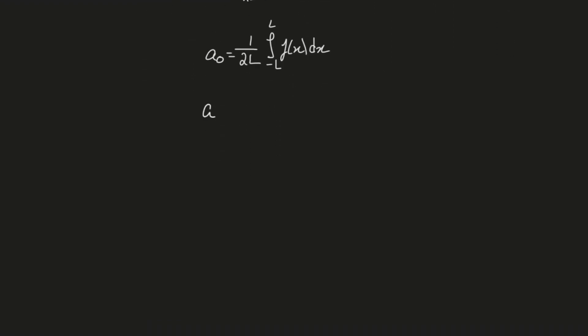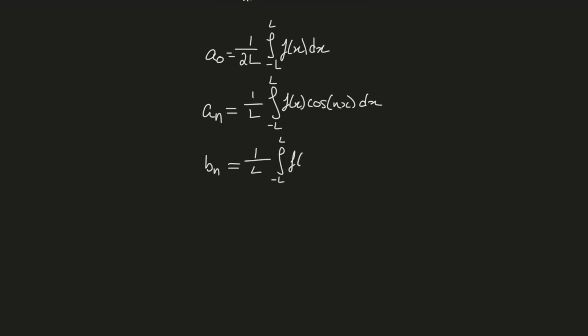Now the a sub n's, they would be 1 by L times the integral from negative L to L of f of x times the cosine of nx dx, and similarly the b sub n's would be 1 by L times the integral from negative L to L of f of x times the sine of n times x dx.